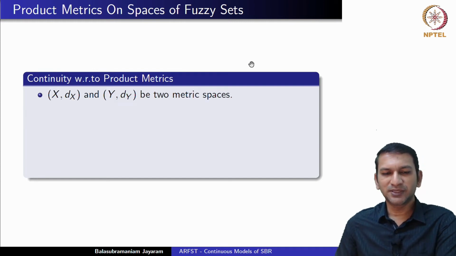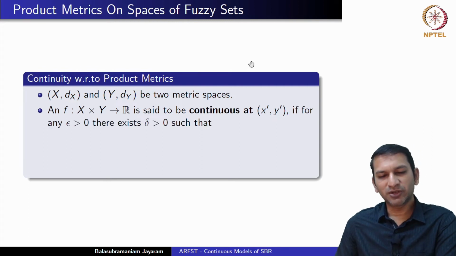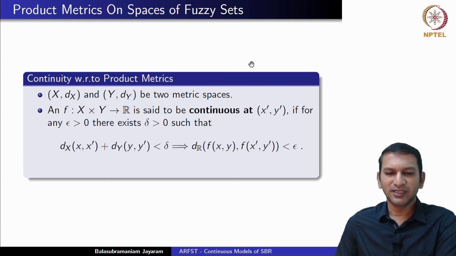If you have two metric spaces x and y with the corresponding metrics dx and dy, an f from x cross y to R is said to be continuous at a point (x', y') if for any epsilon greater than 0 there exists a delta, once again depending on the points and also the epsilon, such that dx(x, x') plus dy(y, y') less than delta implies, with respect to the corresponding metric defined on R, the distance between the function values at (x, y) and (x', y'), dR(f(x, y), f(x', y')), should be less than epsilon.